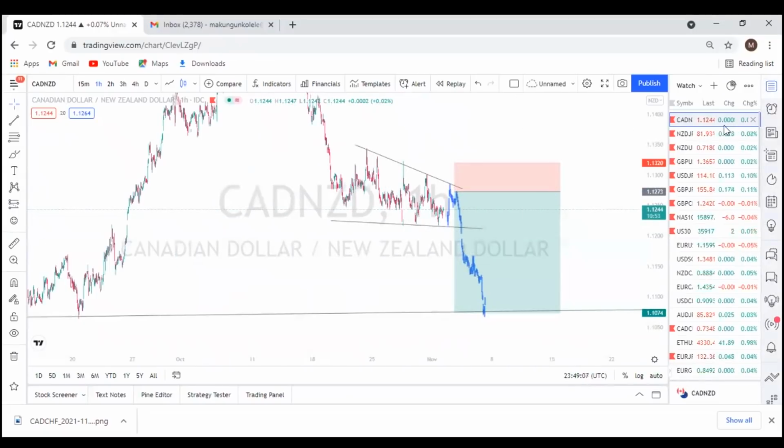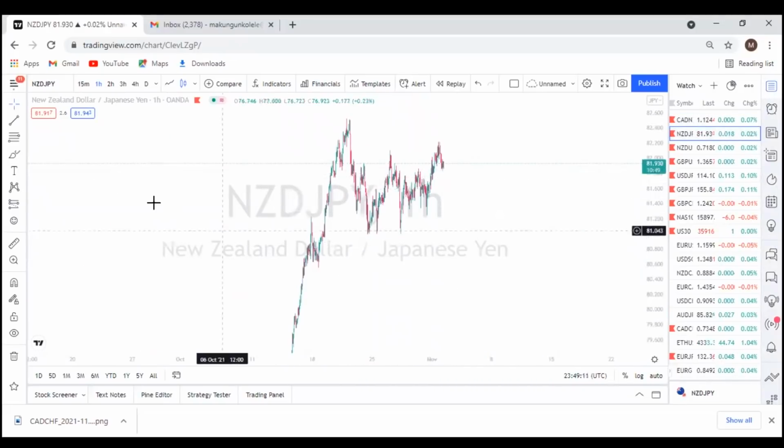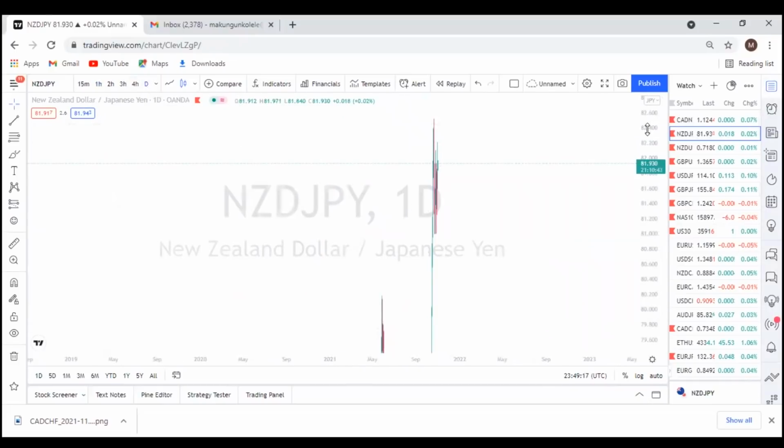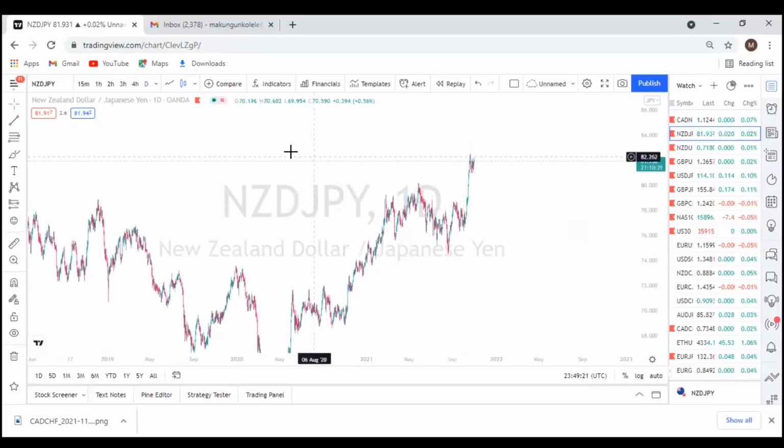And moving on to our second pair, which is USD JPY. We're gonna go up till the daily to spot our structure.